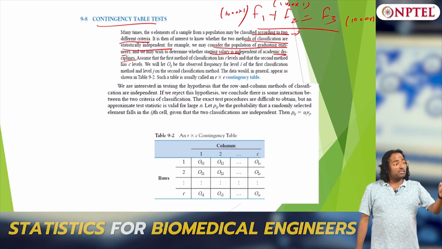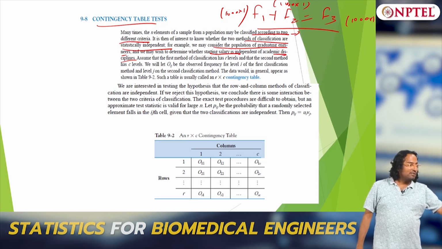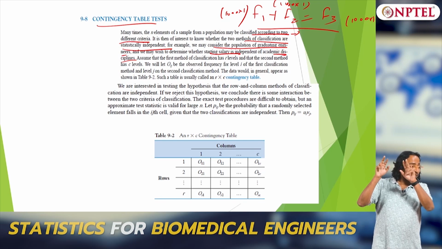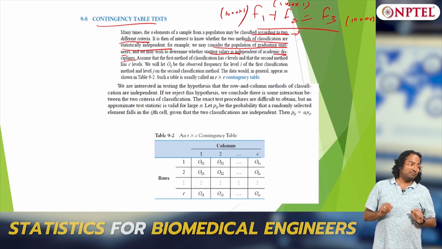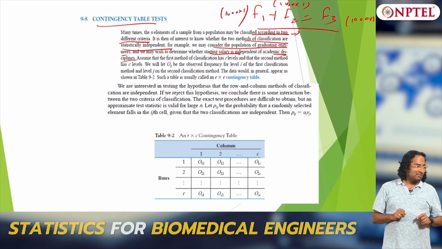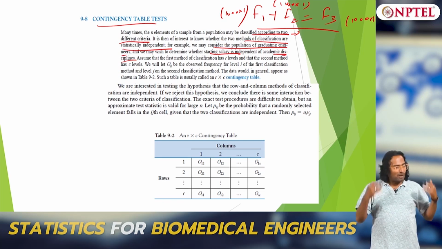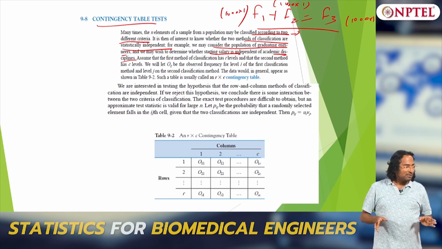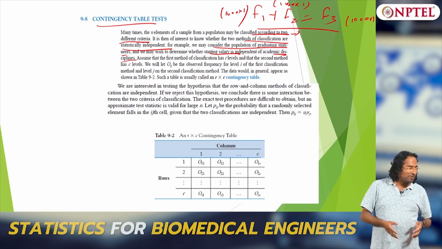Taken from an IID population. If x1 to xn are n samples taken from an IID population, observations are always assumed to be random, most of the time, unless it is a time series.